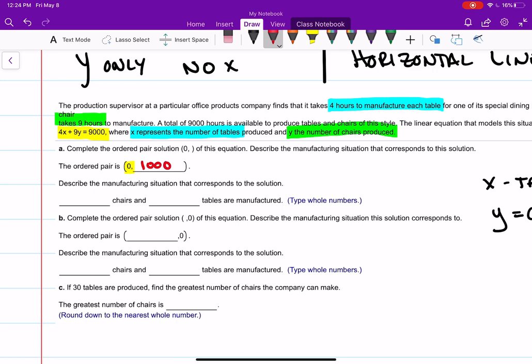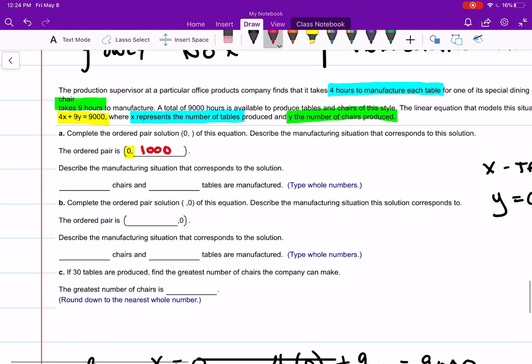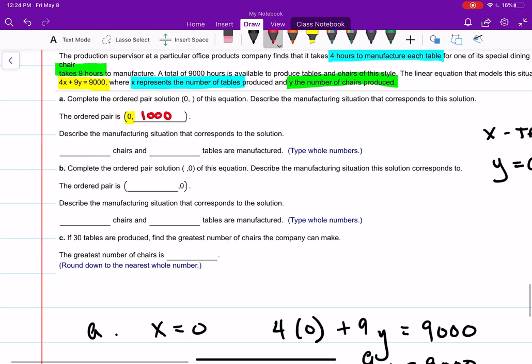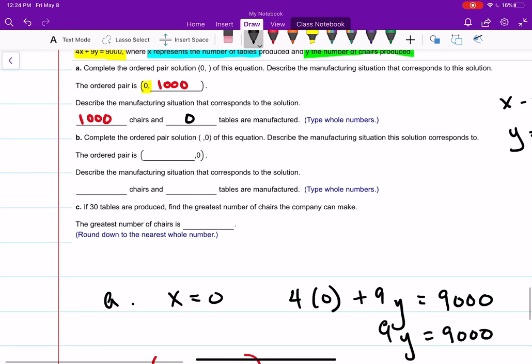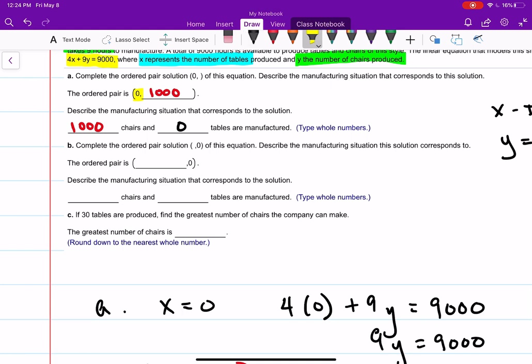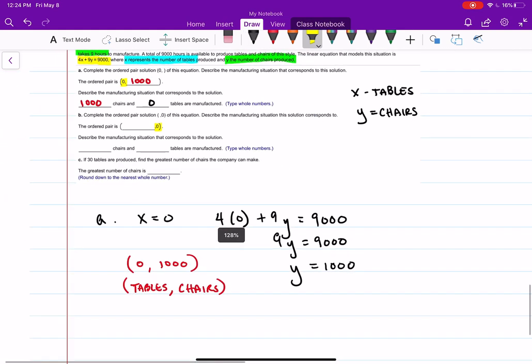This is describing a manufacturing situation. Again, we said chairs are y, so how many chairs? 1,000. How many tables? 0. And now it shows you that it wants the y value to be 0. So part B.